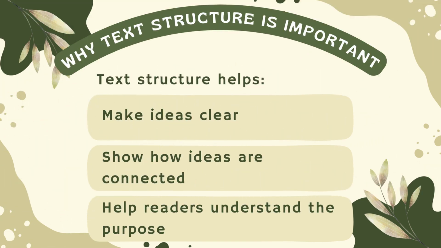So why is text structure important? Text structure is important because when a text has a good structure, it becomes easier to read and understand. Readers can see how ideas are connected and what the writer wants to explain.